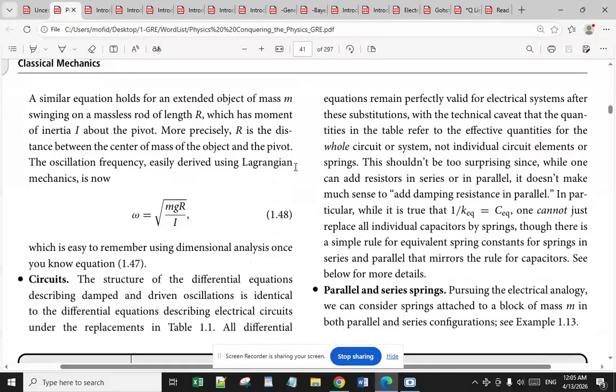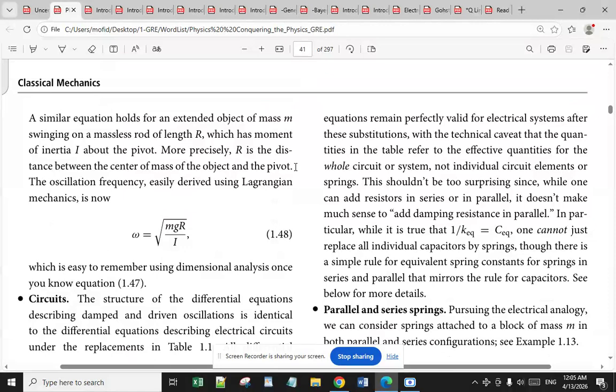All derivations and differential equations remain perfectly valid for electrical systems after these substitutions, with the technical caveat that the quantities in the table refer to the effective quantities for the whole circuit or system, not individual circuit elements or springs. This shouldn't be too surprising since while one can add resistors in series or in parallel, it doesn't make much sense to add damping resistance in parallel.